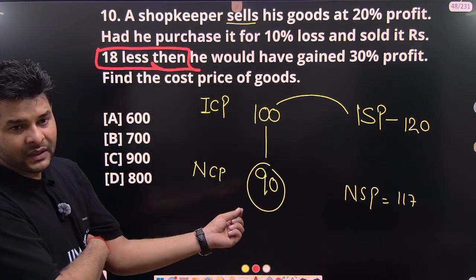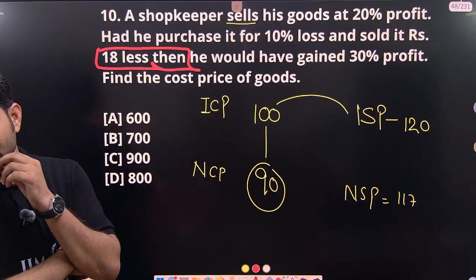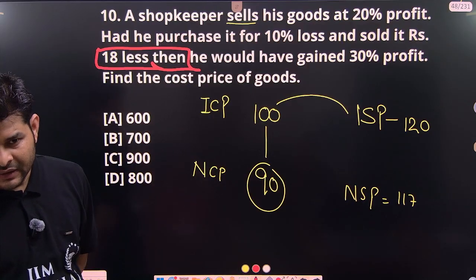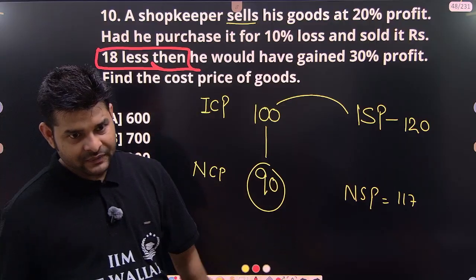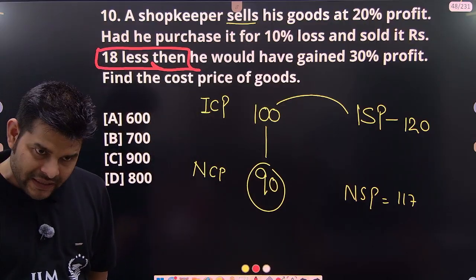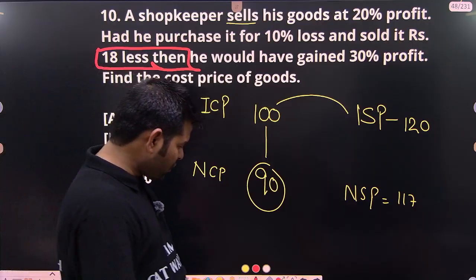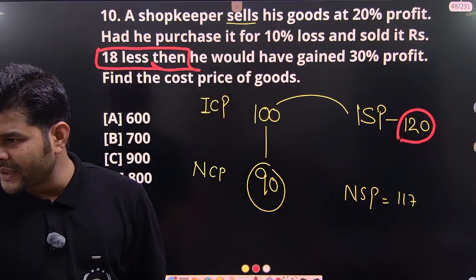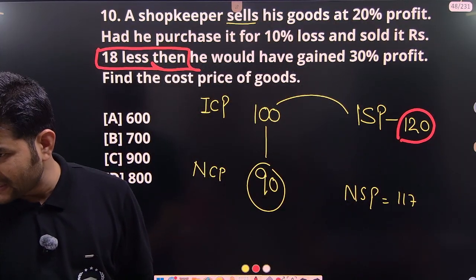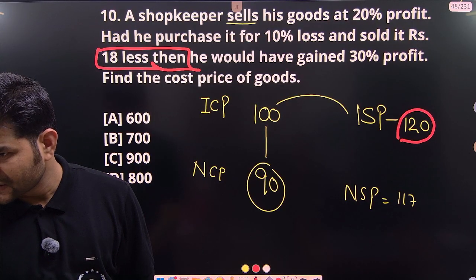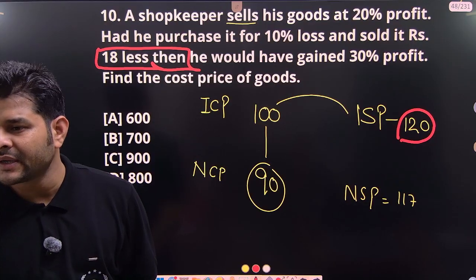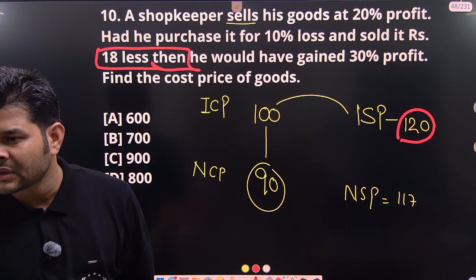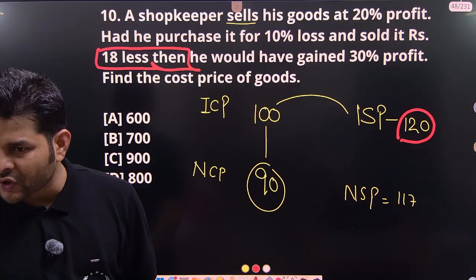Of the new CP. So the new CP is 90 and I want to sell this item at 117. Earlier I was selling my item at 120 units. Now I am selling at 117, so what is happening over there, loss or profit? Basically a 3 unit loss I am going to bear.